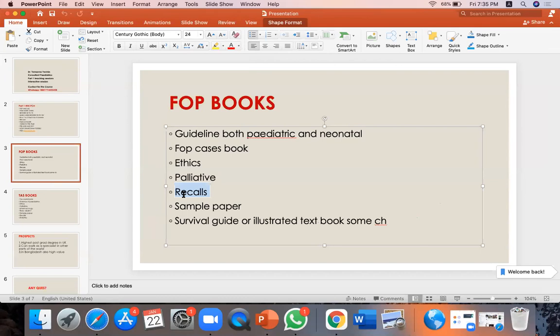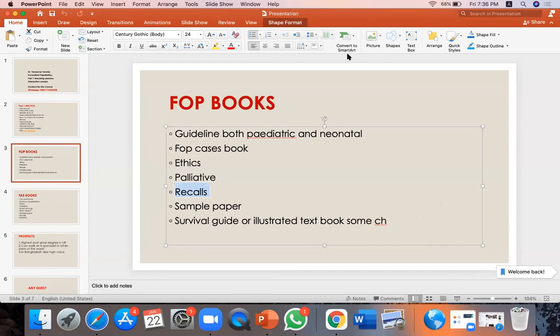I'm telling this to everyone, and my students are here too, some listening live. What I am trying to say is that recall questions will definitely come in the exam. Usually 20 to 25% of questions are recalls, that means repeats. A very favorite question is salbutamol.